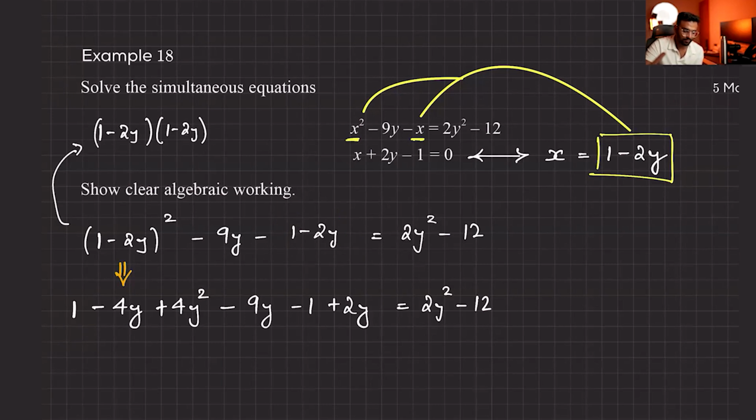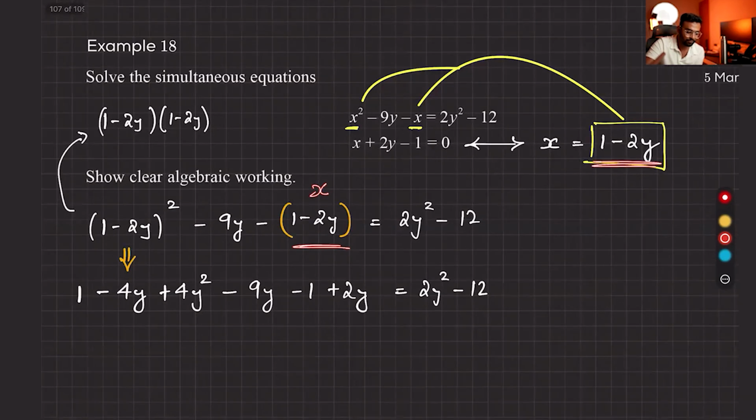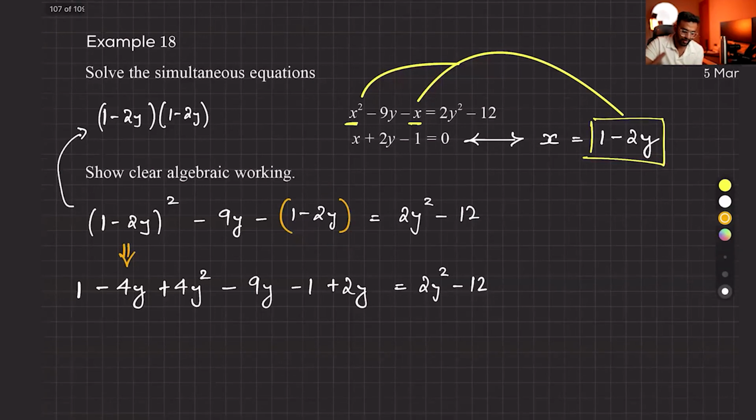You will consider it as minus 1 and minus 2y itself, and you made a mistake there. But it is not actually minus 2y, it's positive 2y. Why? Because this whole thing is your x, which was substituted before. So that bracket, I've seen so many students lose a couple of marks, but why would you lose a couple of marks for just a bracket?